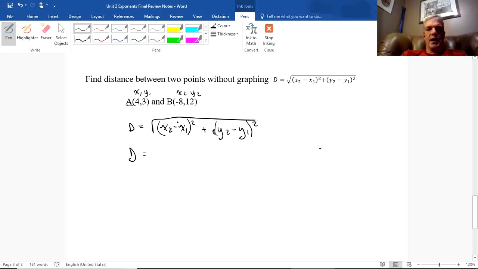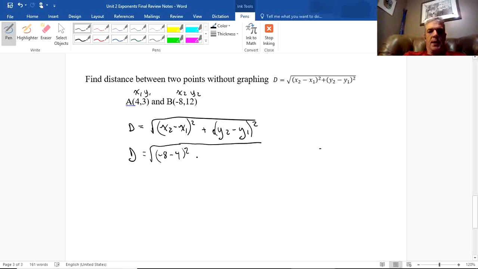So x2 is -8, and x1 is 4, so that's -4. That's going to be squared. We're going to draw our hat way over. Plus bracket y2, which is 12, minus 3, bracket squared.